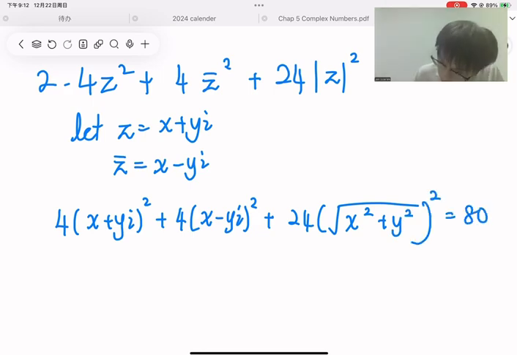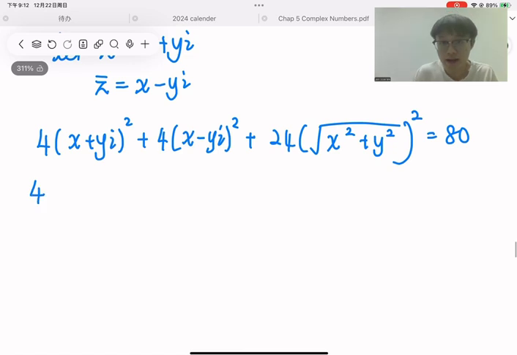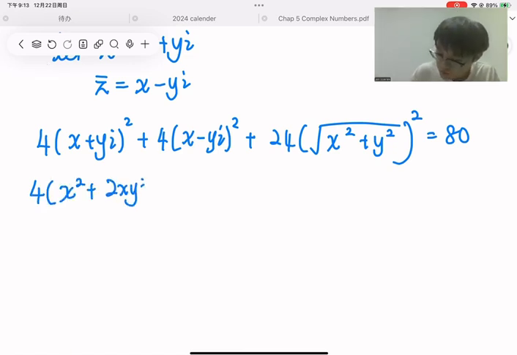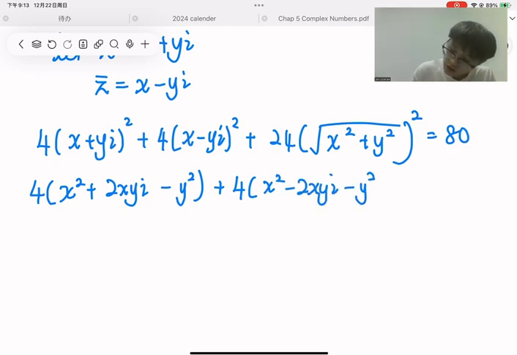So let me expand the equation. 4(x plus yi) squared is 4(x squared plus 2xyi minus y squared), plus 4(x squared minus 2xyi minus y squared), plus 24 times (x squared plus y squared) equal to 80.